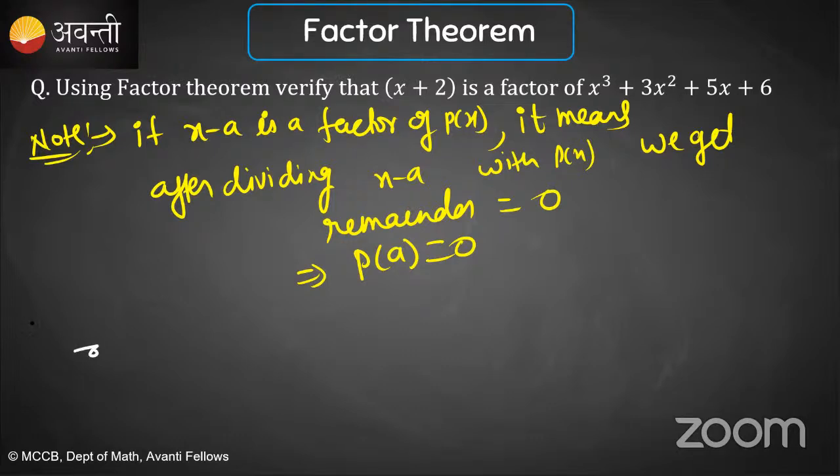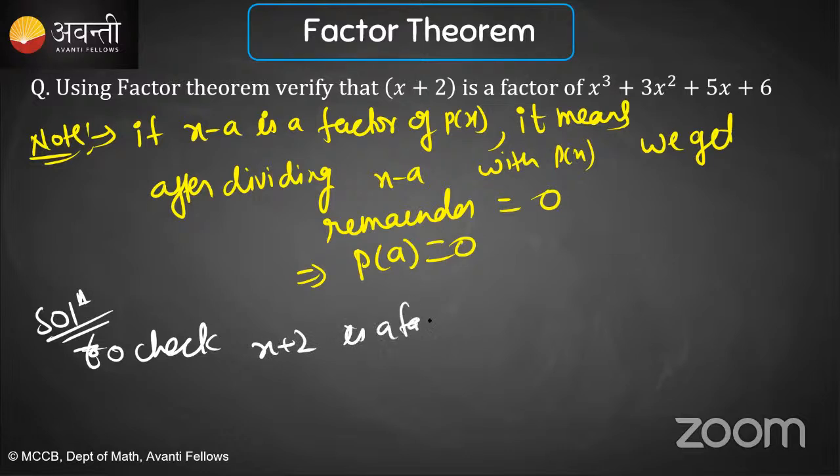Now to check, coming to the solution. To check whether x plus 2 is a factor or not, we have to calculate p of minus 2. So now replace your x with minus 2.